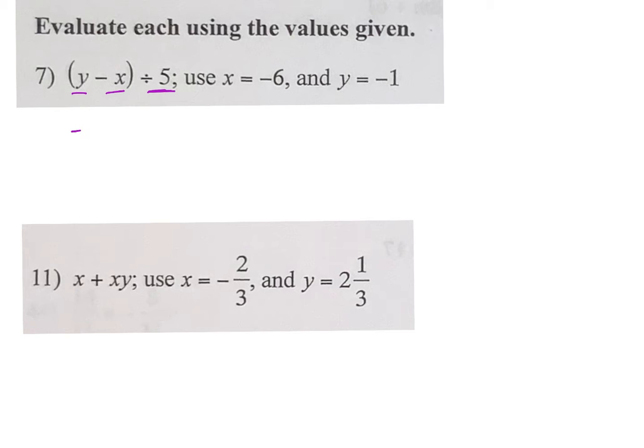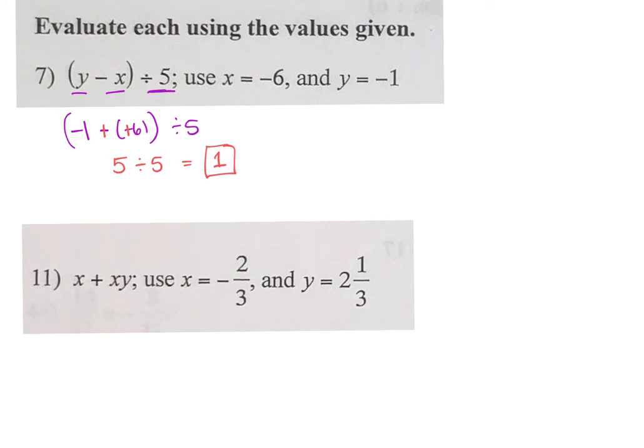So y was -1, x was -6, and then divided by 5. Order of operations. What do I do first here? My parentheses. Subtracting a negative is adding the opposite. So I have -1 plus 6, which is just going to be 5. And then 5 divided by 5 gives me 1.